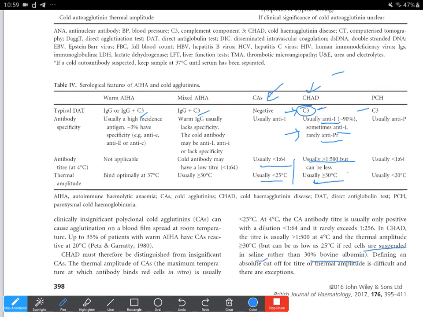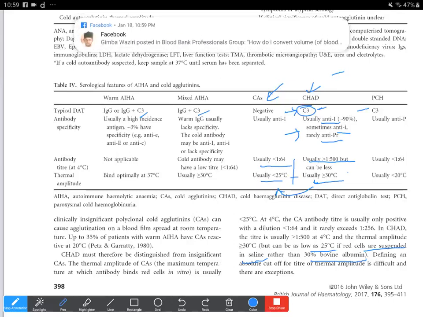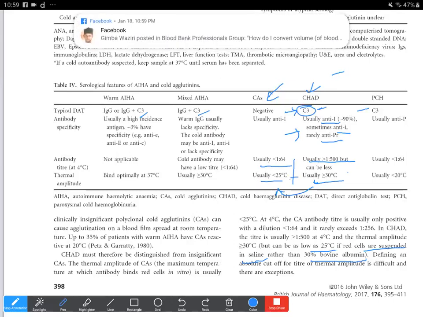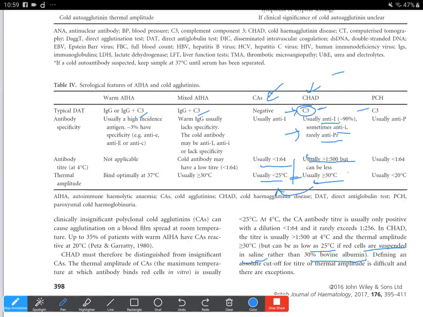If they are suspended in saline, then the thermal amplitude can be as low as 25 even. So the thermal amplitude is not so well defined, but this antibody titer is usually high in case of cold hemagglutinin disease.